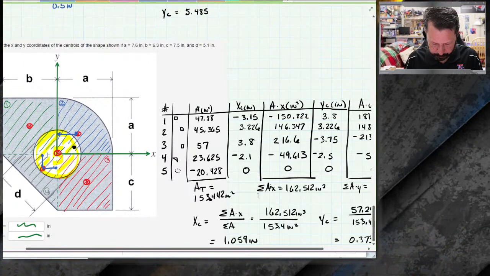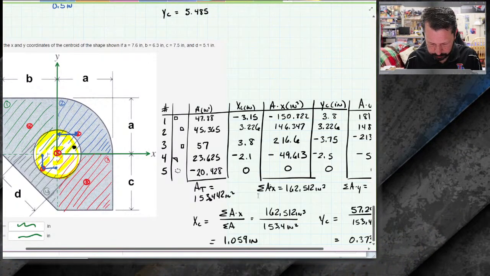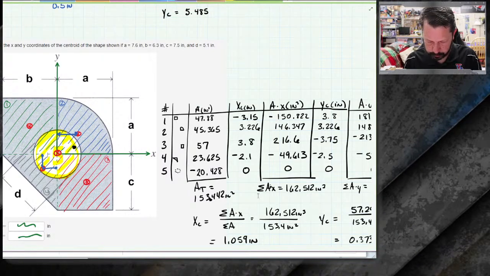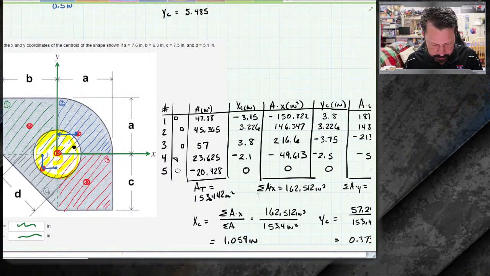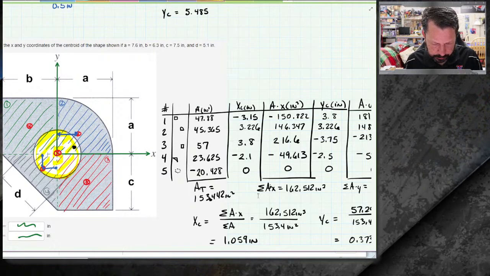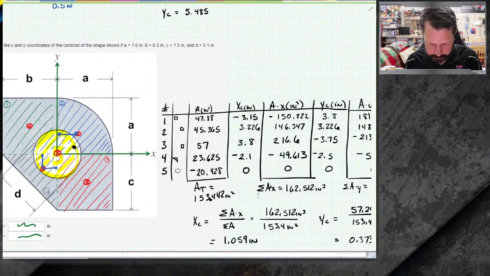Wait, C is 7.5. Yeah, there's 3 and it's negative. And then a third of C would be 2.5, so that seems right.